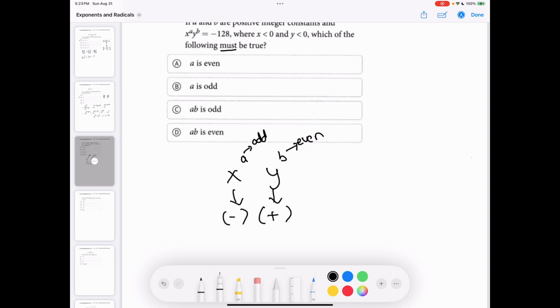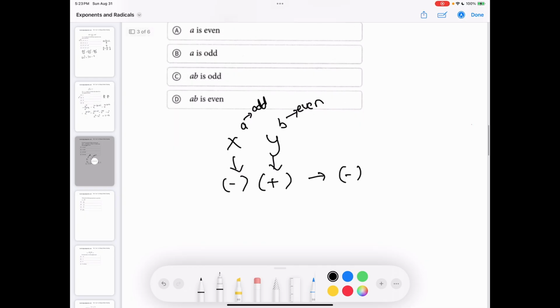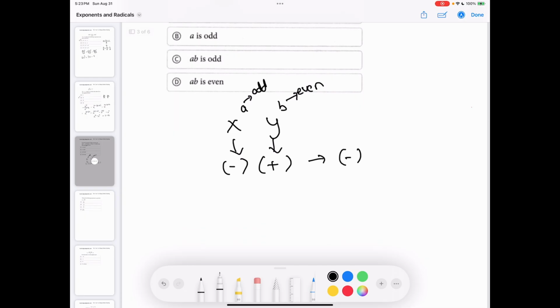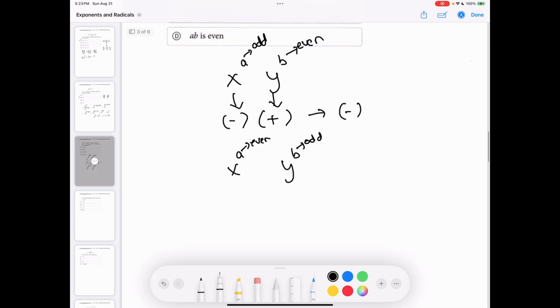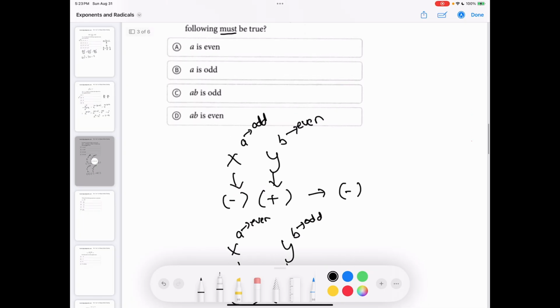And then when you multiply two numbers that have different signs, your end result will be negative, okay? But it doesn't necessarily mean that the a has to be odd. You can have a be even, right? As long as the b is odd, right? In this case, you would end up with the first term being positive and the second term being negative. But your end result will also be a negative number, right?